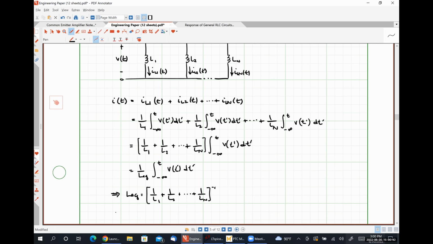In other words, inductors in parallel combine like resistors in parallel. So the calculus-based relationships that these circuit elements obey do not interfere with the way that we do our combinations as compared to resistors.